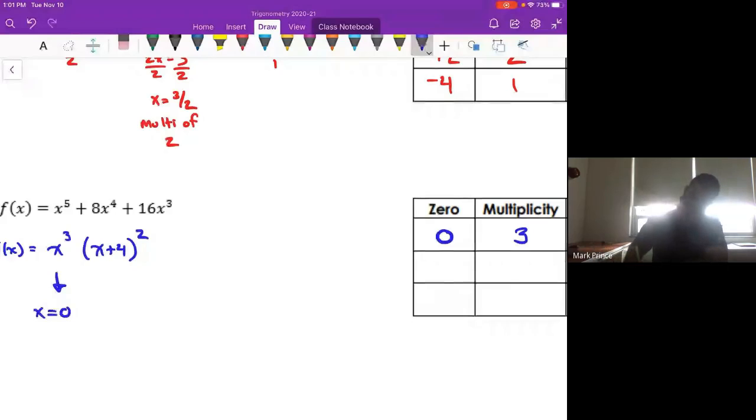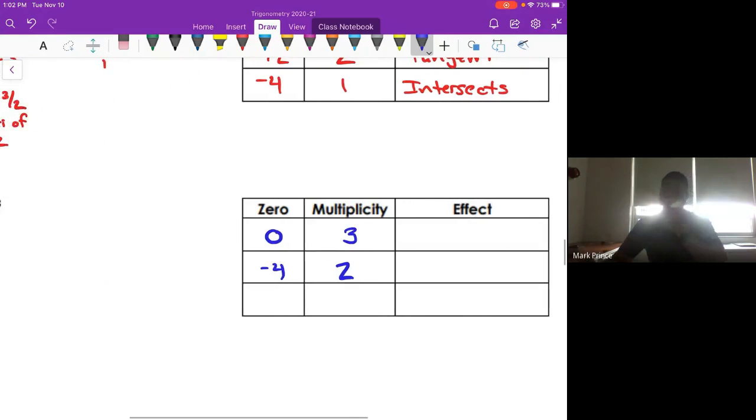And then our (x plus 4) quantity squared will be x equals -4, and since it's squared, there's a multiplicity of 2. And the effect on the graph: 3 is odd, so that means it intersects that point. And then 2 is even, so at -4, it'll be tangent to the point. It won't cross through.